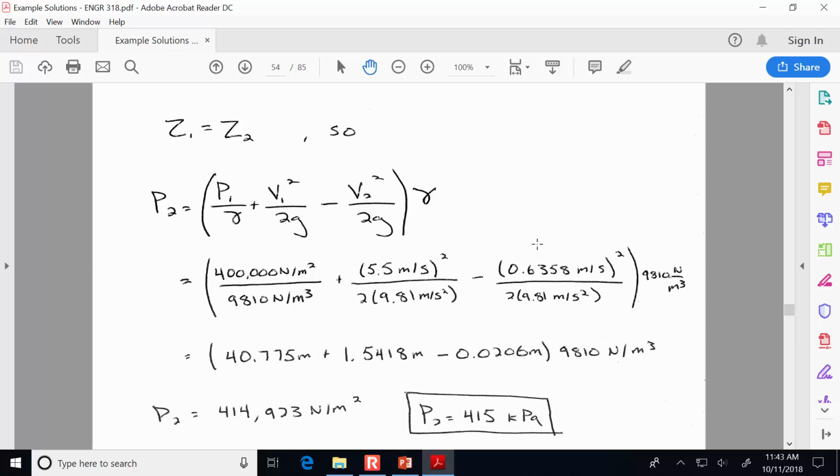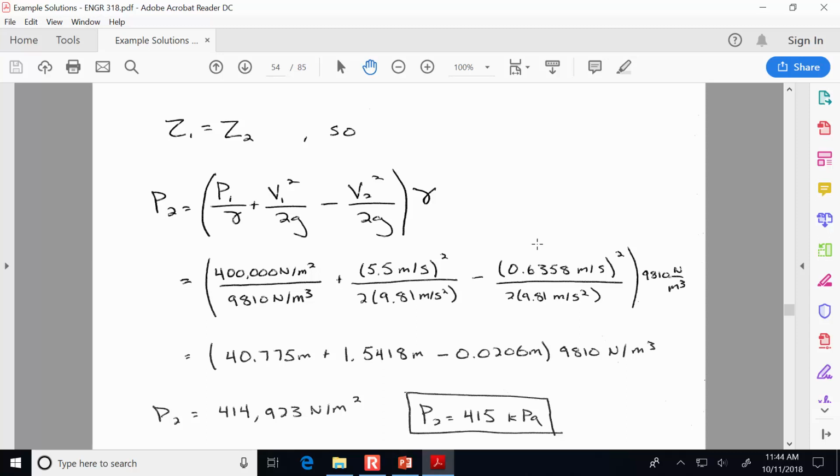So that means there's almost no velocity head left at location 2. So this 415 kilopascals, what it says is that the energy just changed form. Most of what was in the velocity head got transferred into additional pressure at location 2.